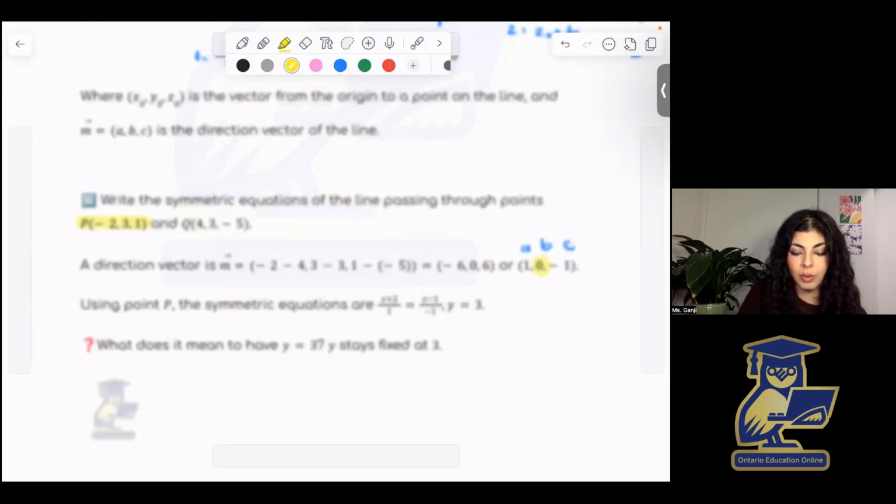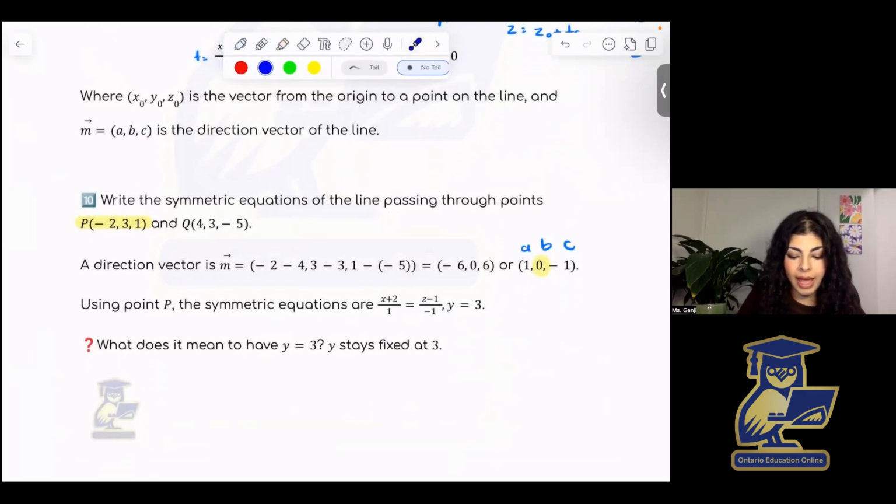You can do Q as well, same thing. So here we have x minus -2, which is x plus 2, and a was 1, so divided by 1. And here we have z minus 1 from the point P, and divided by -1, which is c. And what I've done here is y is equal to 3.